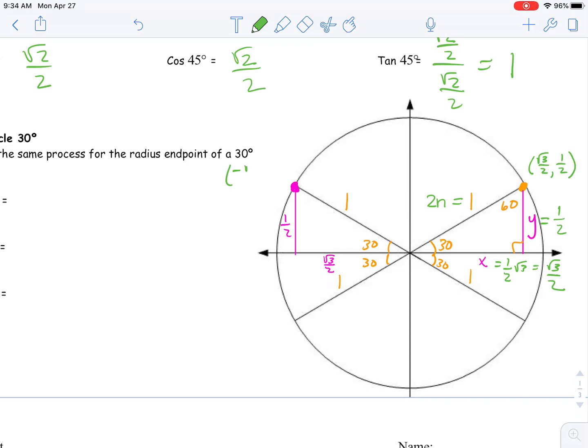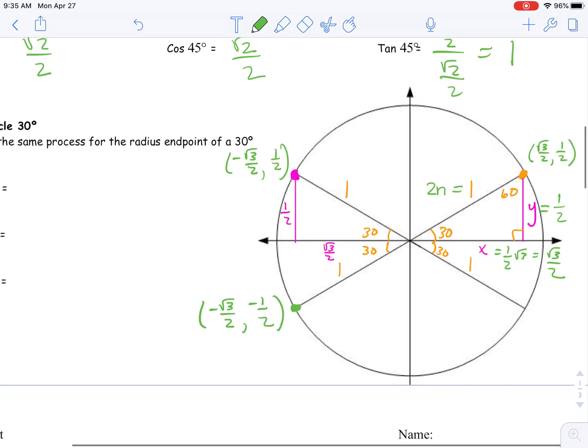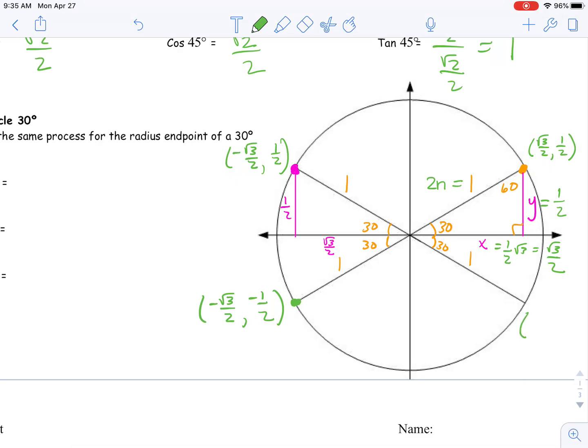So the x is negative, but the y is positive. And if we did the same thing in quadrant 3, we would find that we get the same x, same y, but they're both negative. So negative radical 3 over 2, negative 1/2. And in quadrant 4, the x is positive, but the y is negative.